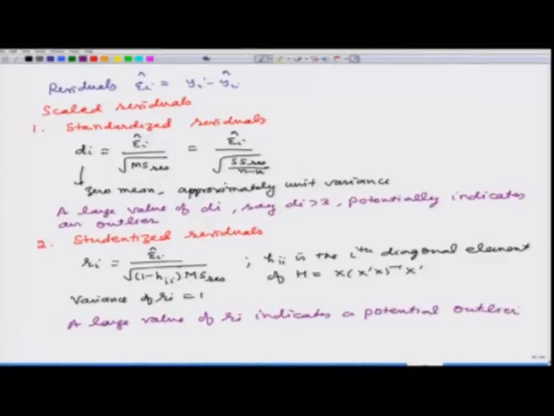These standardized or studentized residuals can be very easily calculated when we use statistical software.